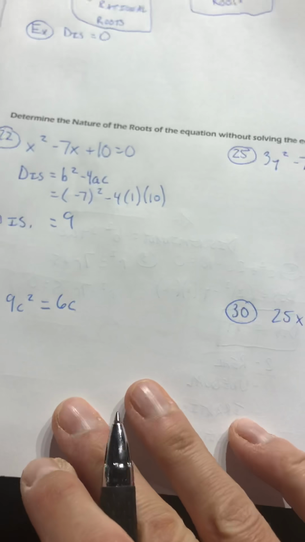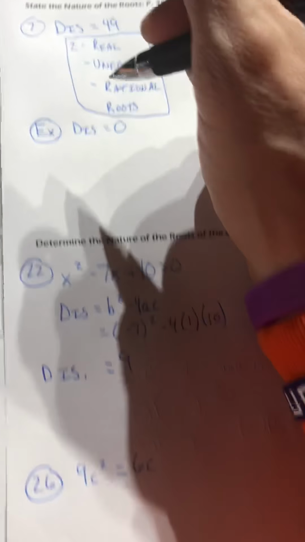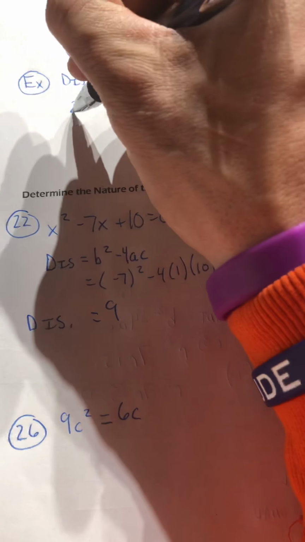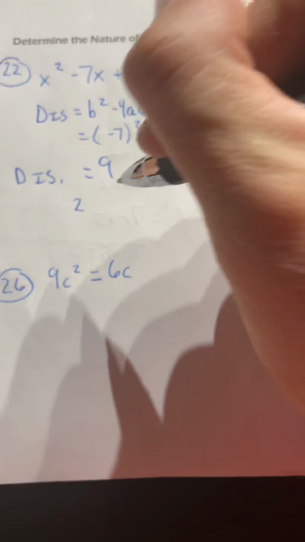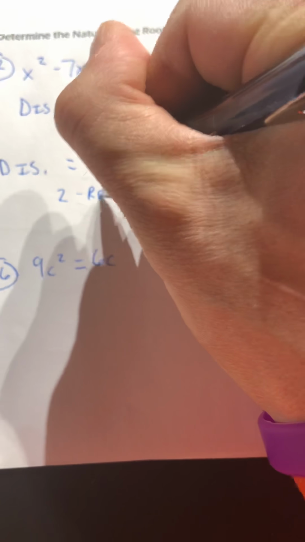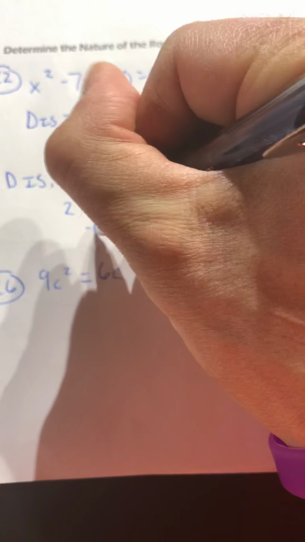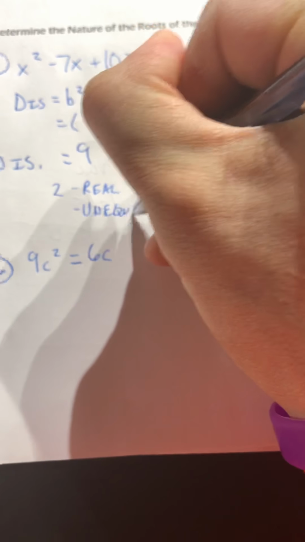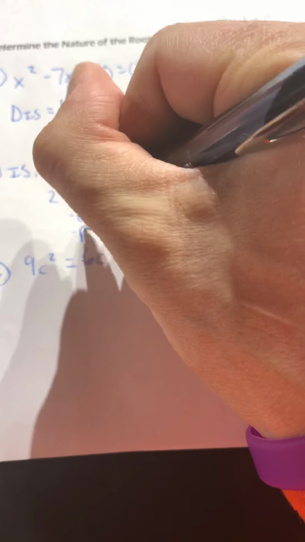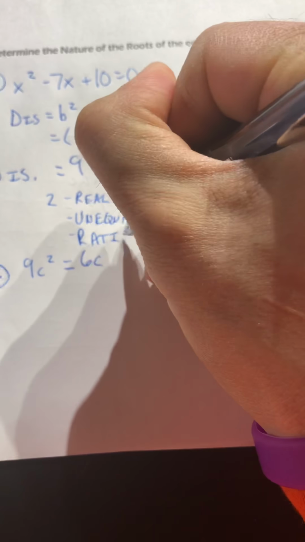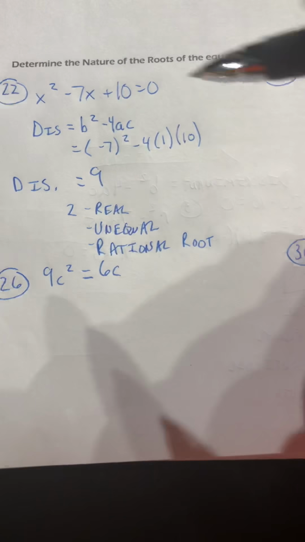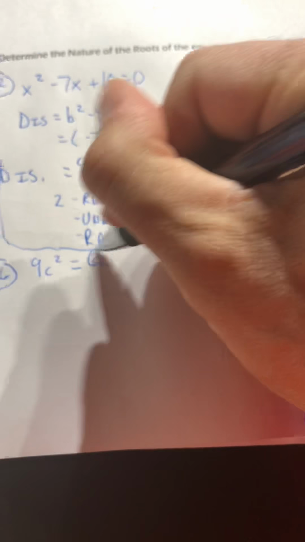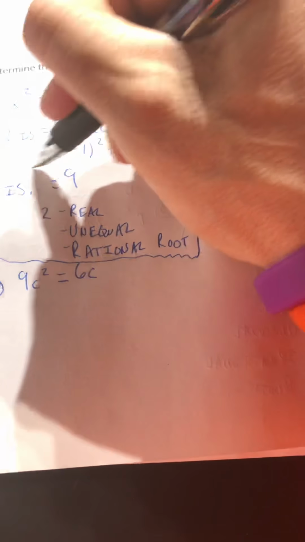So our final answer for this one would be 2 real, unequal, rational roots. So that would be our entire answer for this first one.